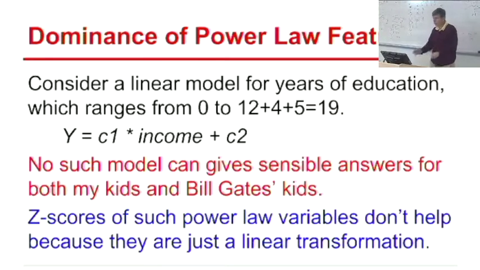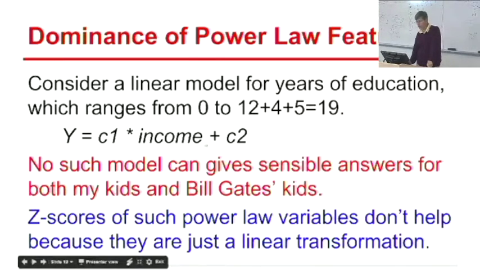The other thing to note is, and this is sort of a little bit like this thing, when you have power law distributed features, you have to do something to it if you're trying to produce a normal target. Suppose we're trying to produce, again, a model for how many years of education somebody's going to have as a function of how much education the parent has, how much income the parent has.